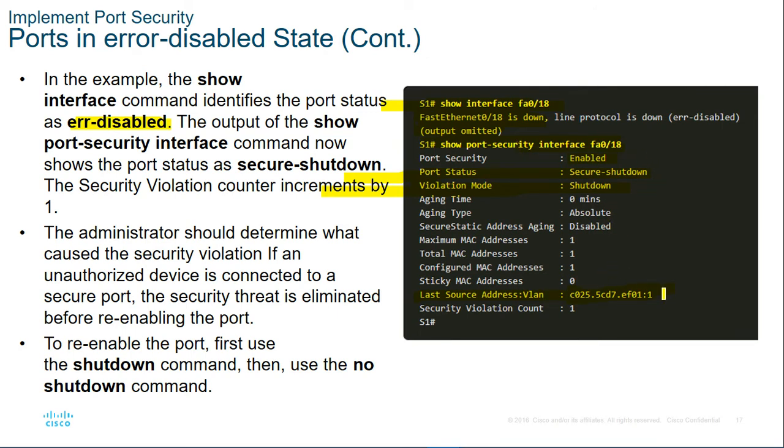Now you can find out the MAC address of the device that accessed this interface last. By finding out the MAC address, you can conduct an investigation. If an unauthorized device is connected to a secure port, the security threat must be eliminated before re-enabling the port. So you have to do the investigation.